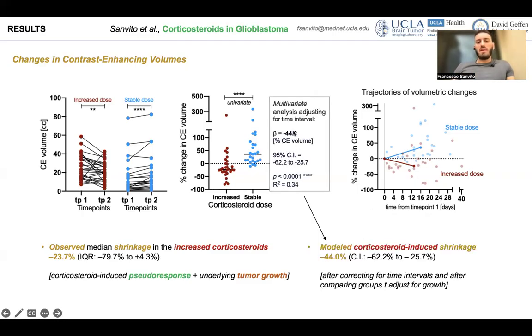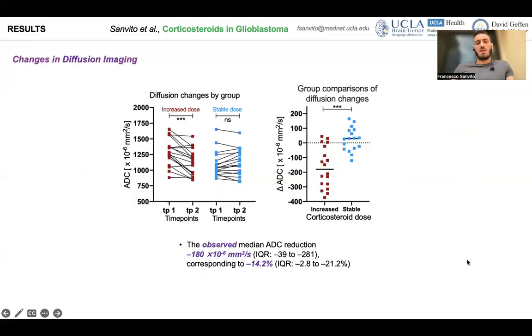So with a multivariate analysis comparing the two groups and adjusting for time interval between scans, we modeled the corticosteroid-induced shrinkage and estimated that it could be around 44%, a minimum of 26%, with some assumptions.